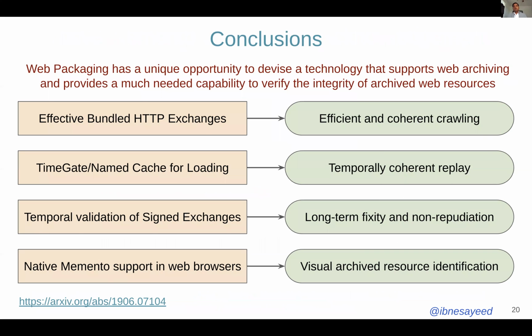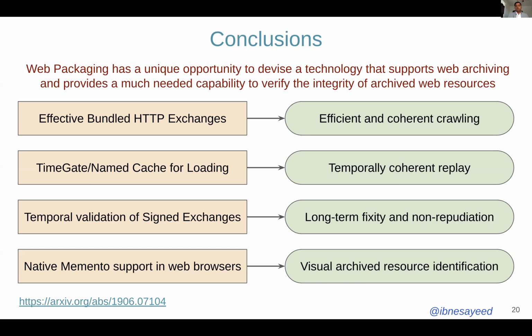So in conclusion, web packaging has a unique opportunity to devise technology that supports web archiving and provides a much needed capability to verify integrity of archived web resources. With the web moving towards web bundles, whenever it happens, we'll have more efficient and coherent crawling, provided we devise our crawlers to take advantage of it.